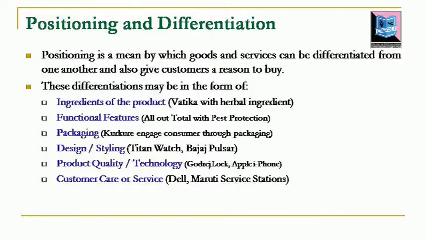This positioning, as you can see in the slide, is in the form of how the product or service is different from others. This differentiation may be in the functional features of the product, or in the price, or in the value or benefit communicated to the customer.